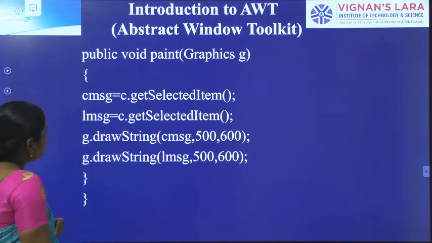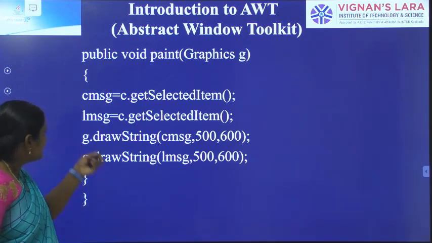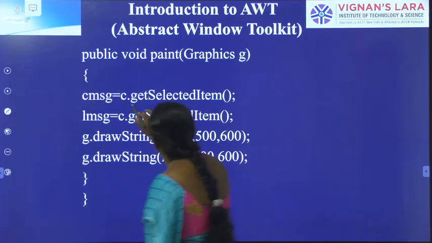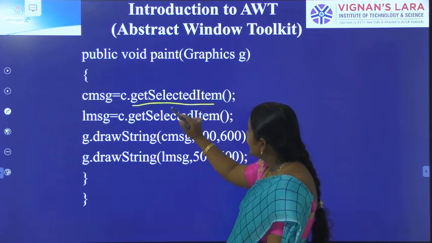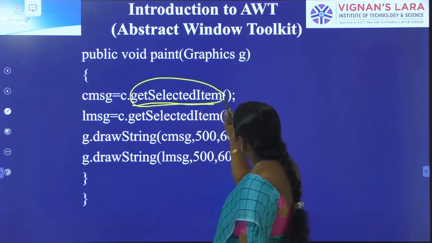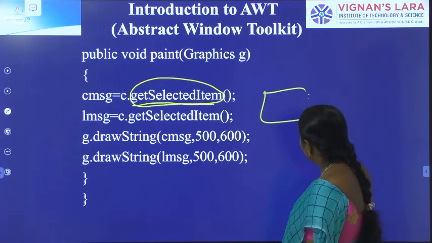Here, already in the starting we have to define two methods, C message and L message. Here C.getSelectedItem. What is the importance of this method, getSelectedItem? Sometimes you want to know how many items are there in the list or in the choice.